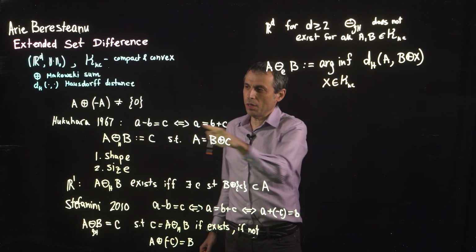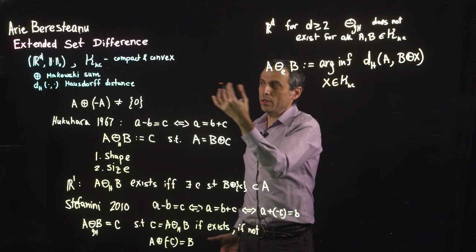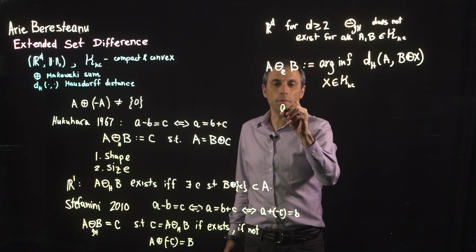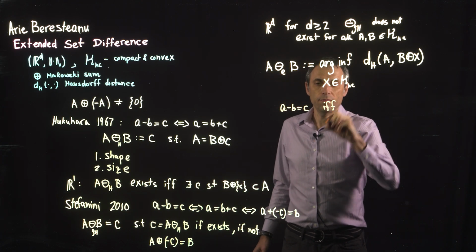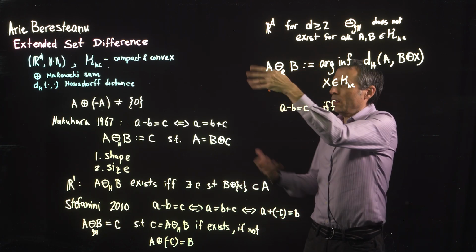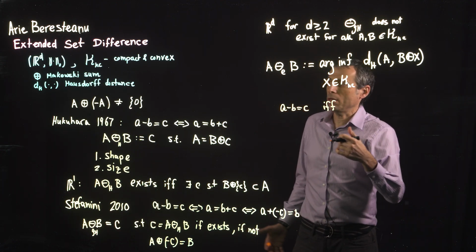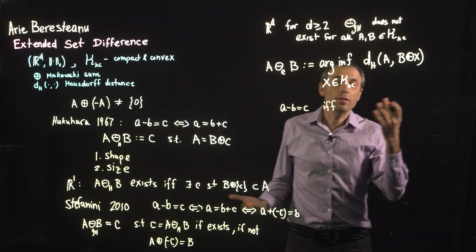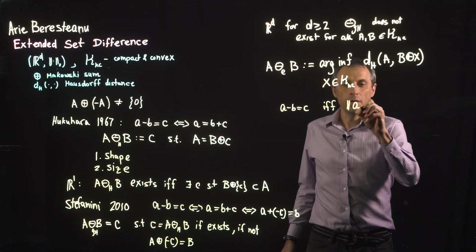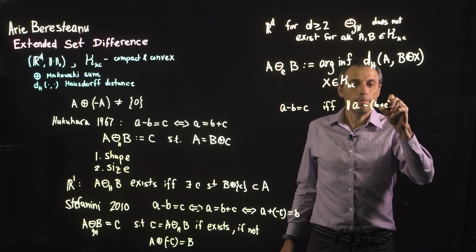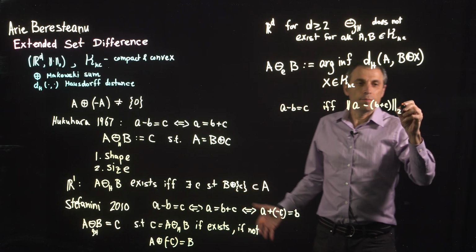Again, if we write all these equivalences here, we can write another equivalence which is true in R^d, which says the following: A minus B is equal to C if and only if the regular Euclidean distance between A and B plus C is equal to 0.